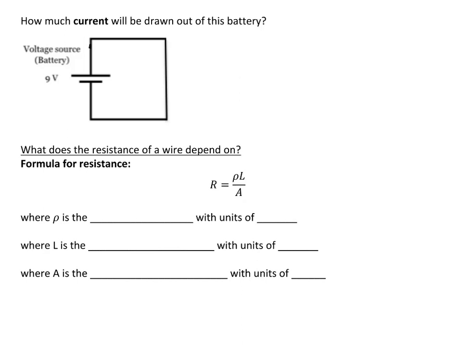This wire, if you use a nice, good conducting wire, then that wire has a very low resistance to it. So there's just not much pushing back, and there's something pushing forward. It's not huge, but 9 volts is still something. So 9 volts is trying to push on that current. Not much is slowing the current down. And so what you get is what's called a short circuit. A nearly infinite amount of current is drawn out of the battery.